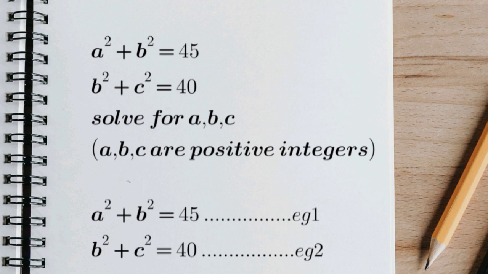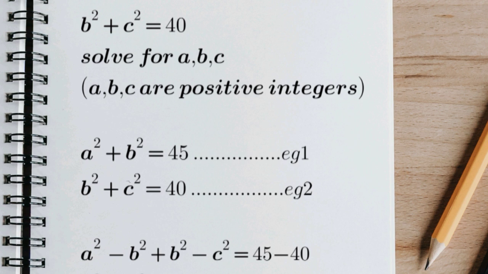Now, the next step is to subtract equation 1 from equation 2. So we have a squared minus b squared, then plus b squared minus c squared is equal to 45 minus 40.